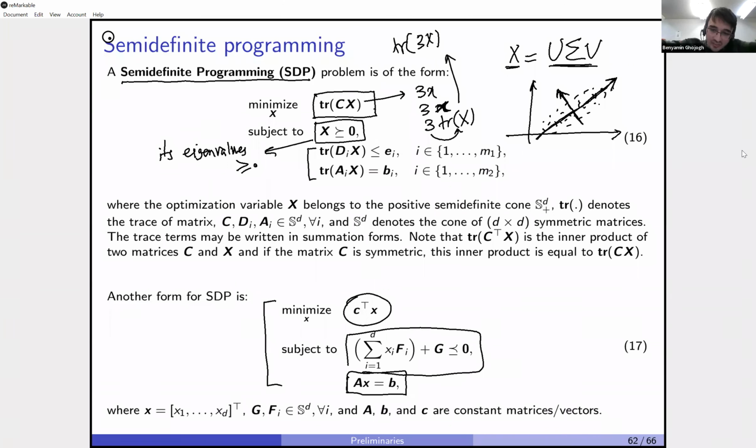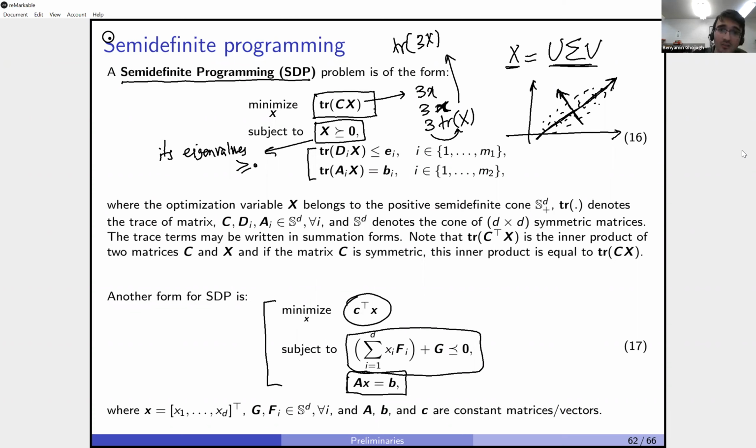And on this feasible set, I'm optimizing some function. So this is what semi-definite programming is. This is just an introduction. I don't want you to solve semi-definite programming, but we will learn some algorithms which can be used for solving mostly any optimization problem.